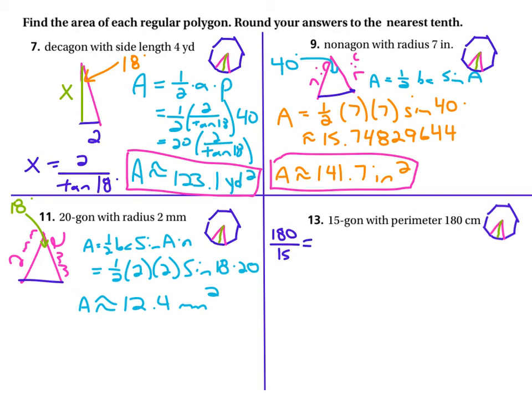And what that's going to find for us is the length of a side. So we've got each side equaling 12 centimeters, because if we did 12 centimeters per side times 15 sides, we'd find the perimeter of 180.